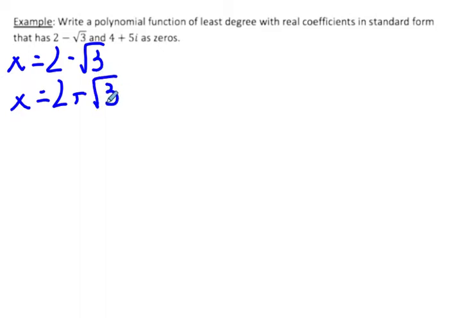We also have x equals 4 plus 5i. And then its conjugate would be x equals 4 minus 5i.